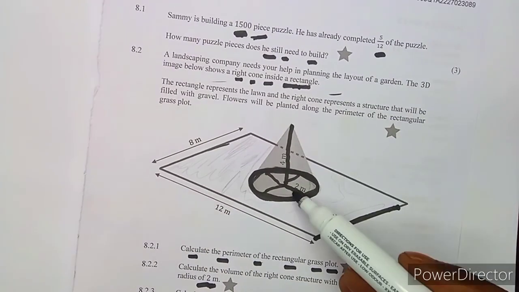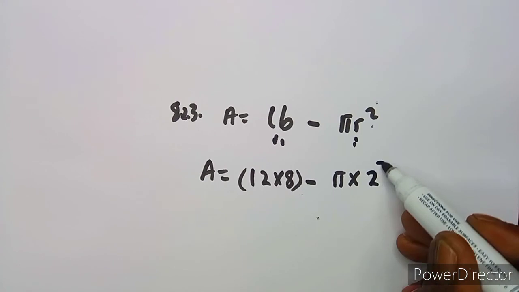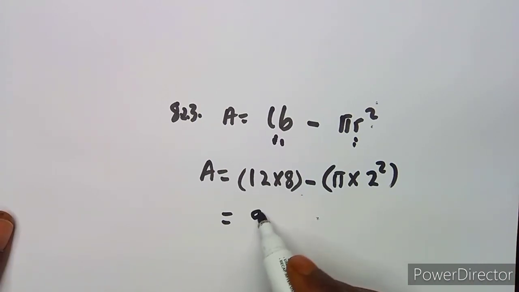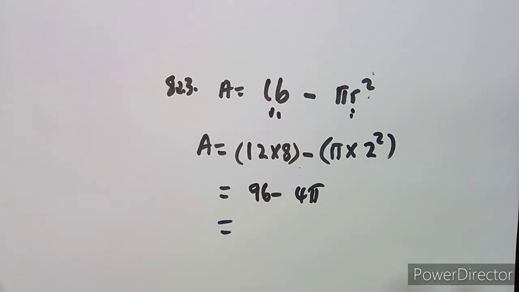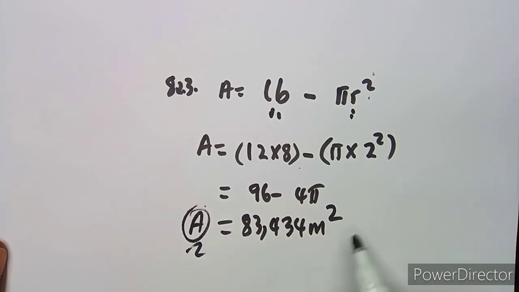Remember, the radius is 2 meters, so it's 2 squared. That's going to be 96 minus 4 pi, but we can't leave our answer like this. We have to simplify further, which gives us 83.434 in square meters. Take note, this is area, and area is measured in square meters.